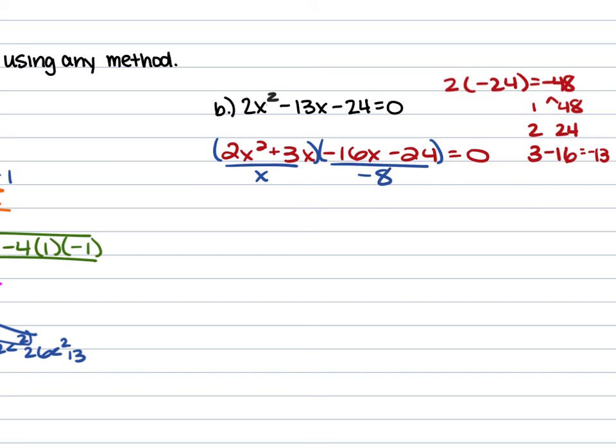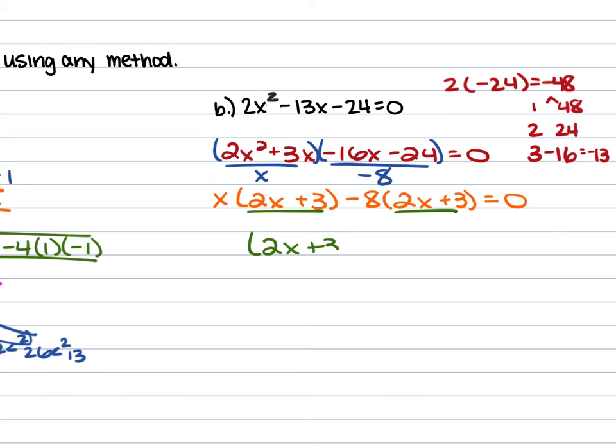Negative 8 is your greatest common factor between the negative 16x and the negative 24. So this is going to leave us with x times 2x plus 3 minus 8 times 2x plus 3 is equal to 0. From here, you realize that your 2 parentheses are the same, so we can rewrite one of them and then make another with the x minus 8.